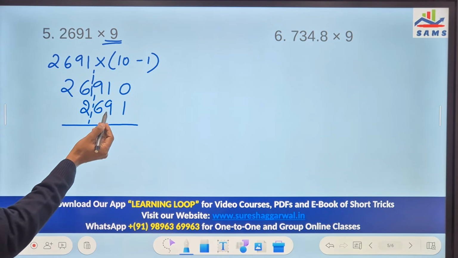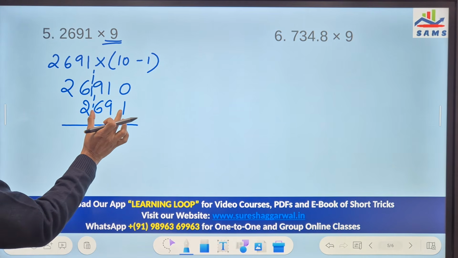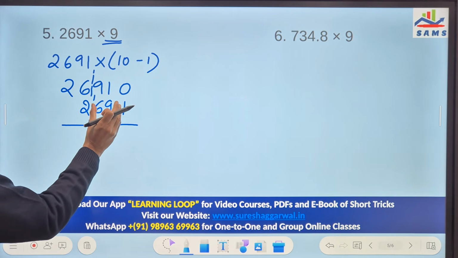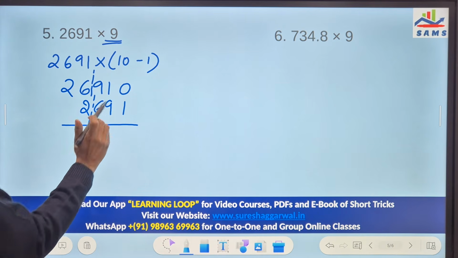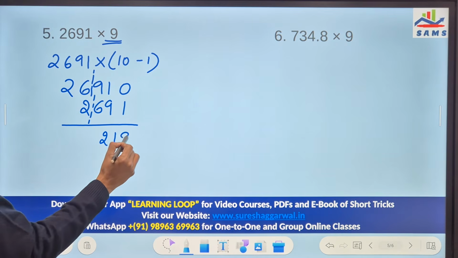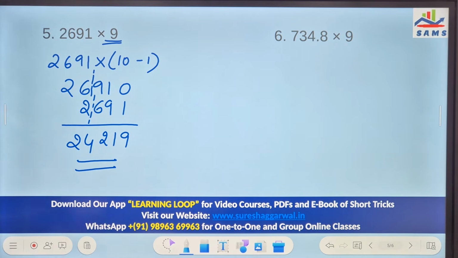This is one thing you should know. 691 is 9 less than 700, right? So 9 and then 700 means 210. 210 and 9 is 219. And finally 26 minus 2 is 24. This is how you subtract the numbers.